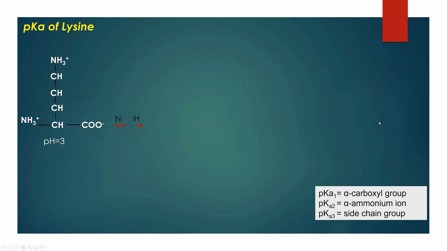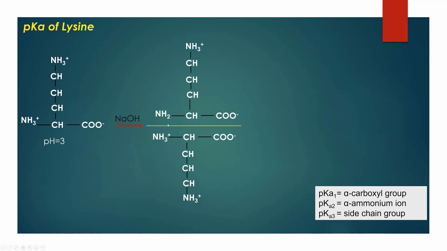Increasing pH, again a state comes when half of the alpha amine groups dissociate their hydrogen while half retain it. Increasing pH further, all amine groups of the lysine molecule dissociate their hydrogen. So this pKa2 state is because of the alpha ammonium group.